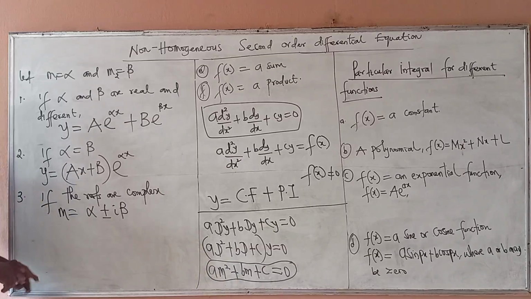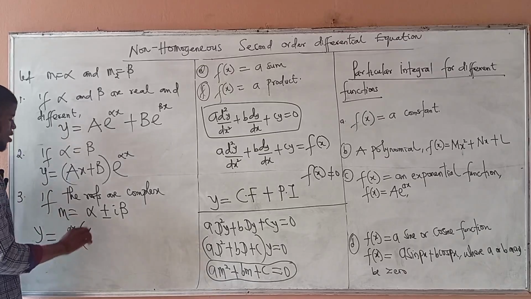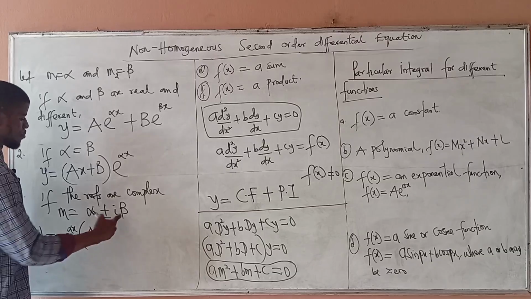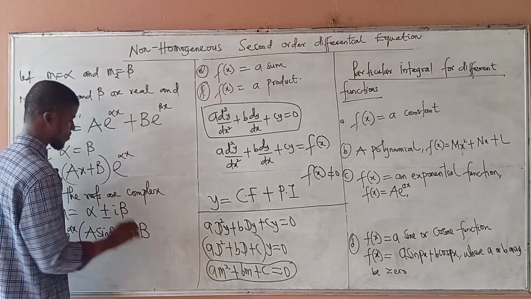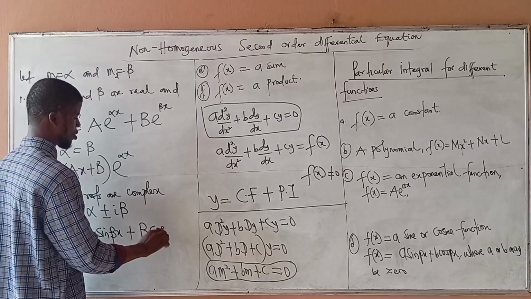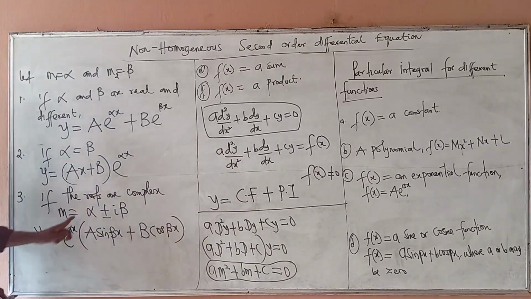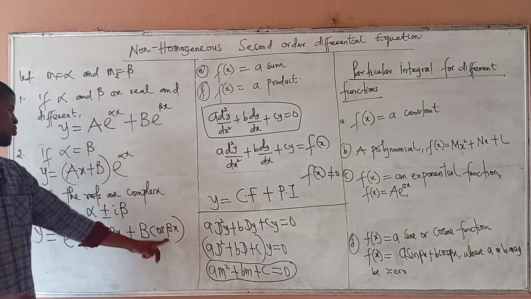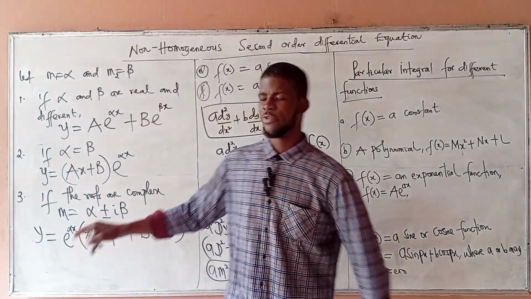We are going to say that y is equal to e to the power of alpha x into (A sin beta x plus B cos beta x). This is alpha, then inside the bracket, we use beta. So this is the complementary function.